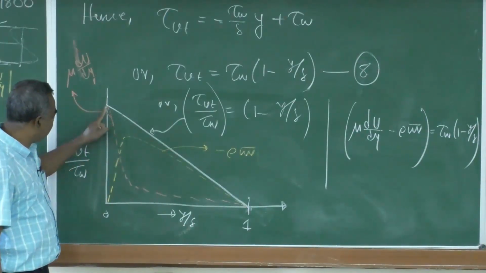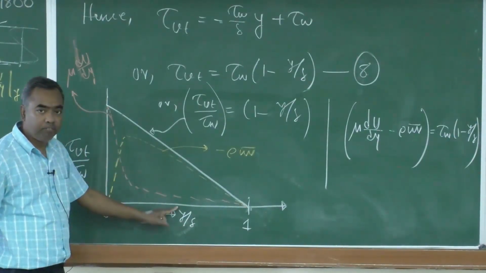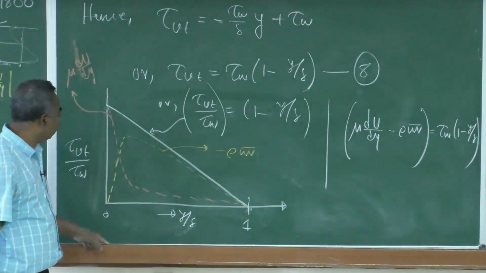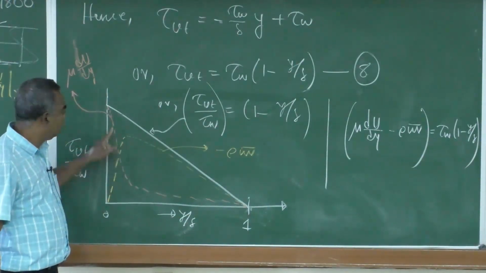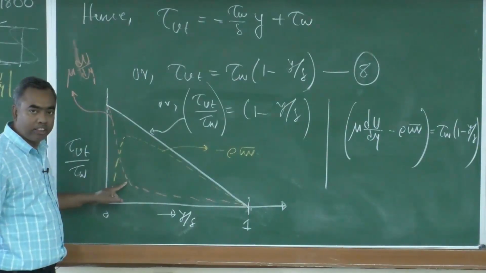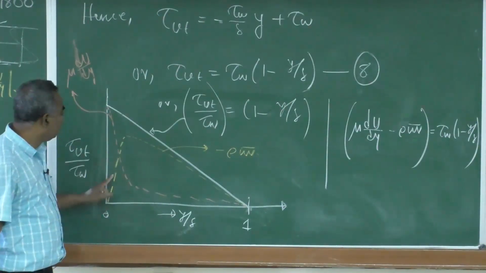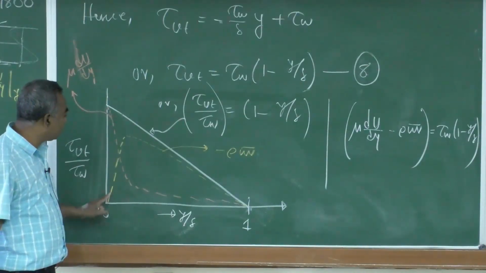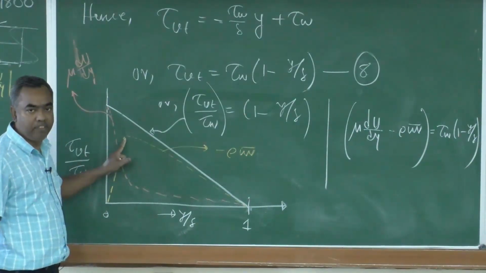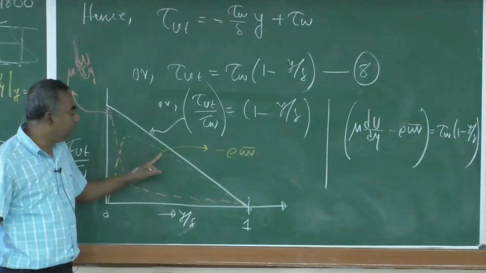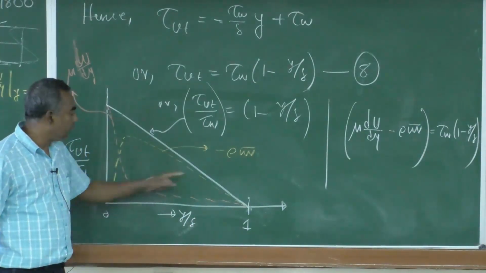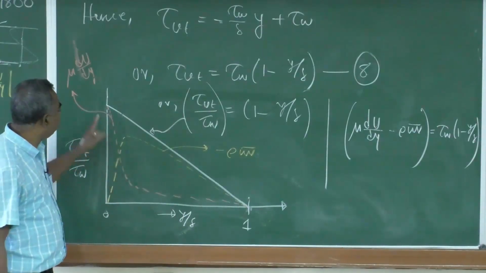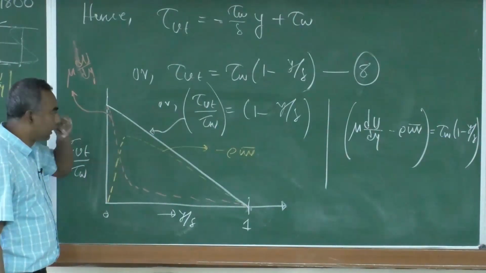So, as you go away from the wall towards the center line, where the total shear stress is 0, the viscous shear stress is reducing, whereas close to the wall the Reynolds shear stress is increasing, taking a peak somewhere near the wall, then again decreasing on the outer side, right. That is what this particular relation says.